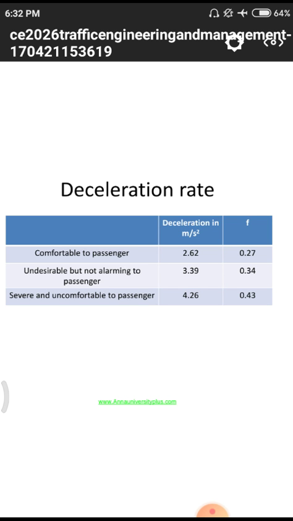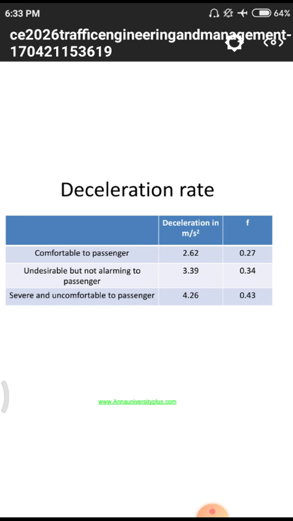That means if a person is traveling for the first time in cars or buses, simply due to those undesirable properties, he will face some quantity of headache and these warm feelings. Why? Because due to those deceleration rates, the person's body is not adapted for those deceleration rates of a vehicle, so simply he will feel headaches and warm feelings. That is the main phenomenon. The value 3.39 is not sufficient for a person, automatically it will not give a comfortable feeling.